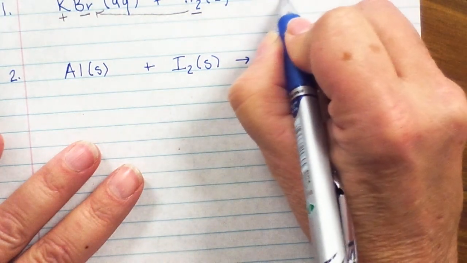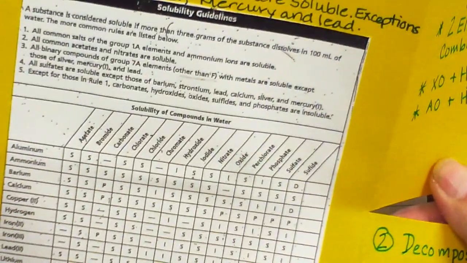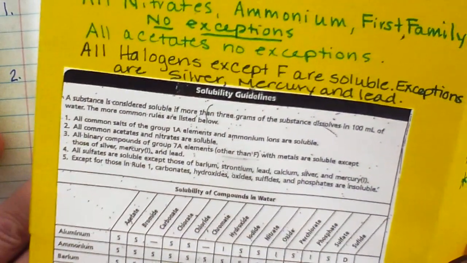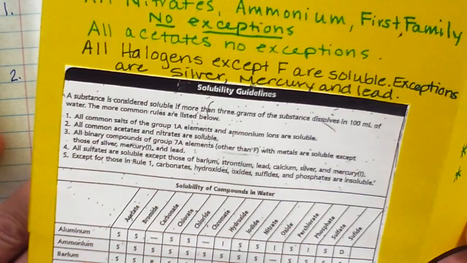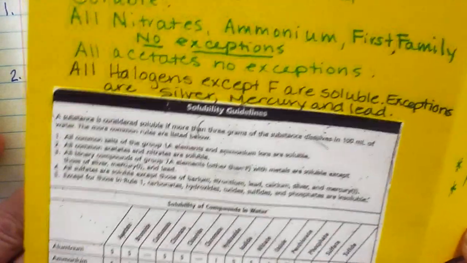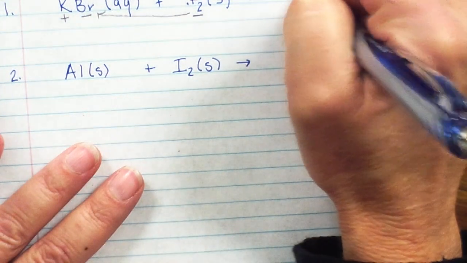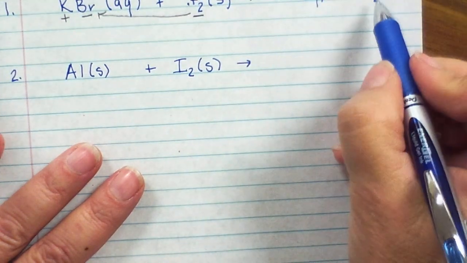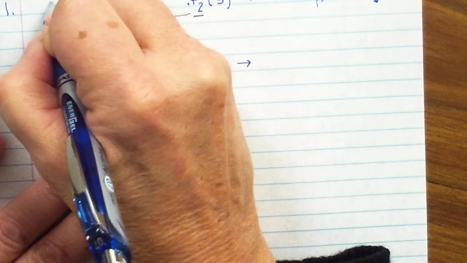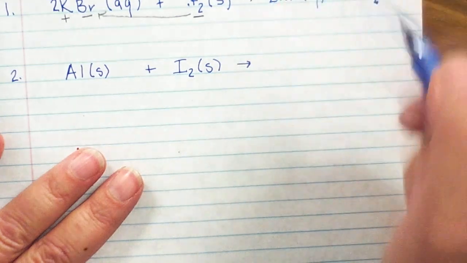Next, I look up potassium fluoride, and it turns out potassium fluoride is the exception to the halogen rule. But potassium is in the first family, and they are always soluble, no exceptions. So this is aqueous. Now I'm going to balance 2 bromines. Oh, I'm just going to put a 2 here and a 2 here, and then I'm balanced.